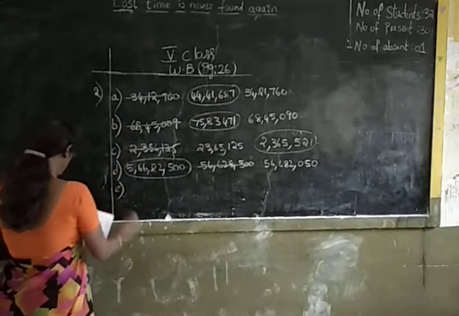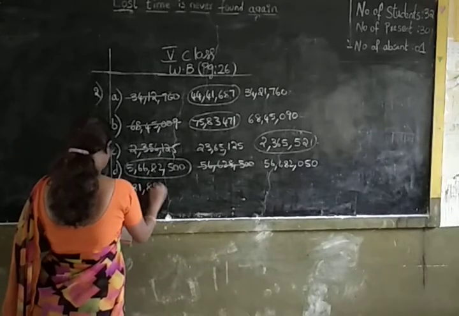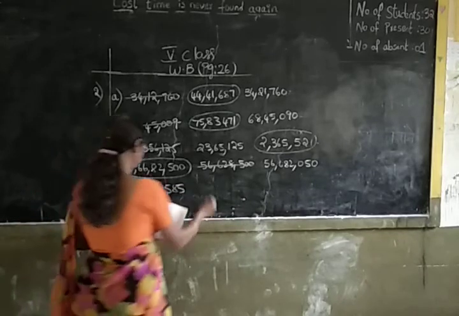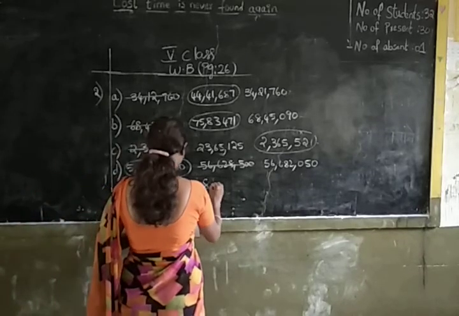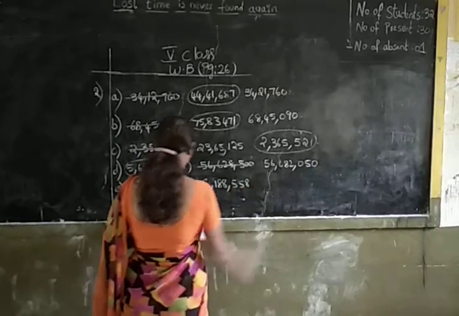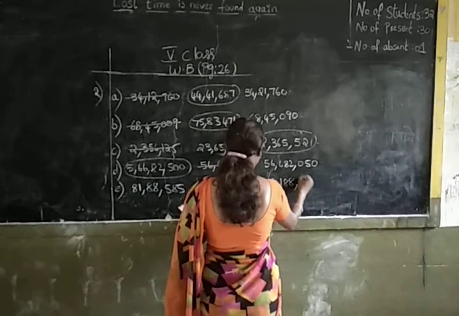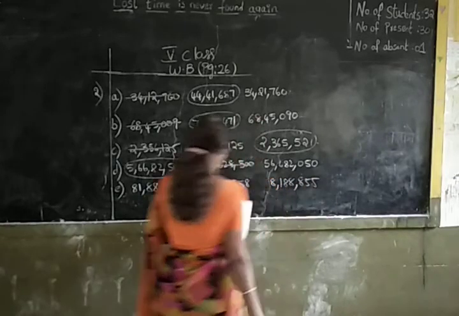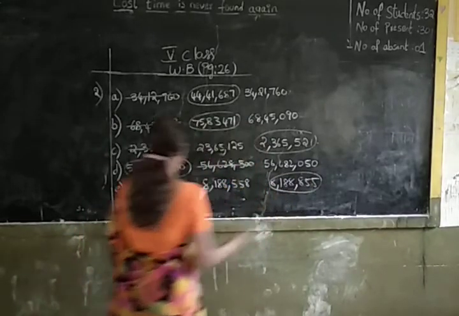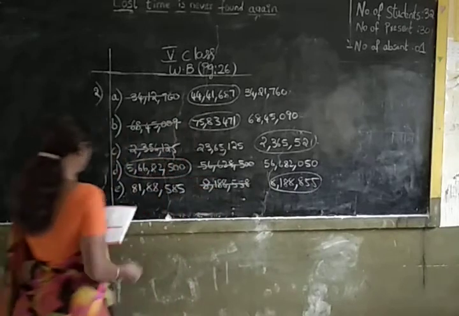Now let us do the E sum. Among these, this is the largest number and this is the smallest number.